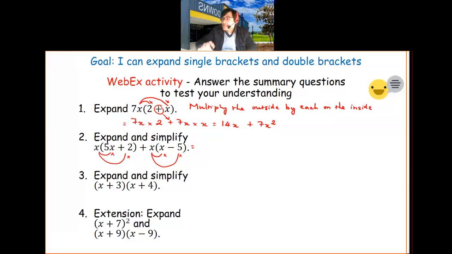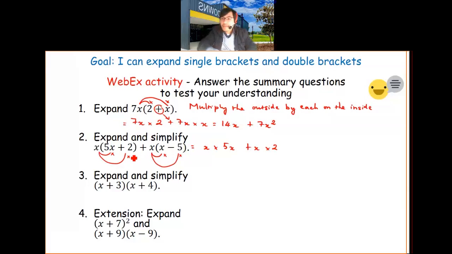Really important for this kind of question is that we don't rush things. Now Larissa said we have x times 5x, good job, plus x times 2. Good.